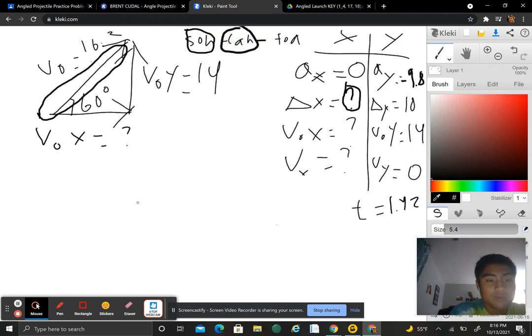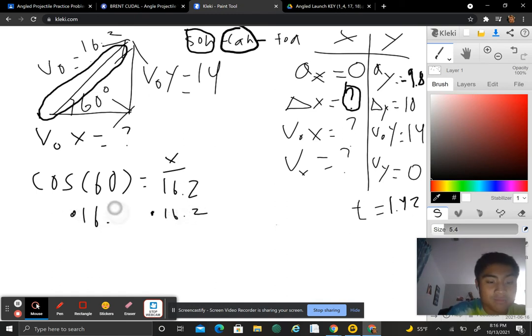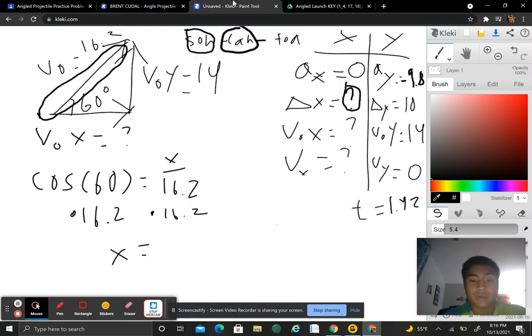So, cosine 60 is equal to adjacent over hypotenuse, which we'll represent by using x for now. And we know that the hypotenuse is 16.2. Multiply by 16.2 on both sides. Again, making sure your calculator is in the right mode. And you should get for x 8.1 meters per second.